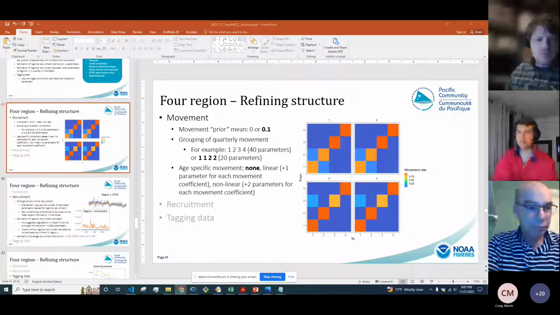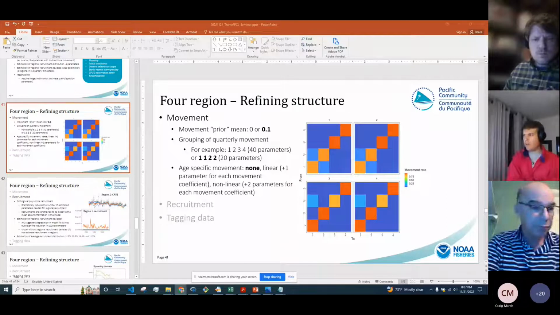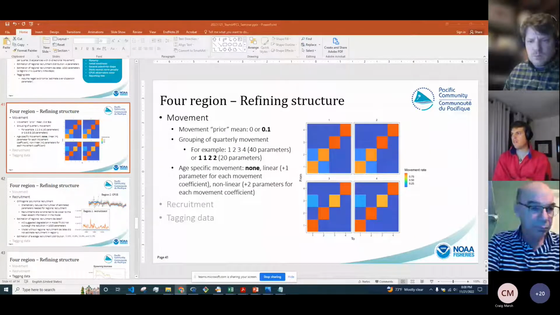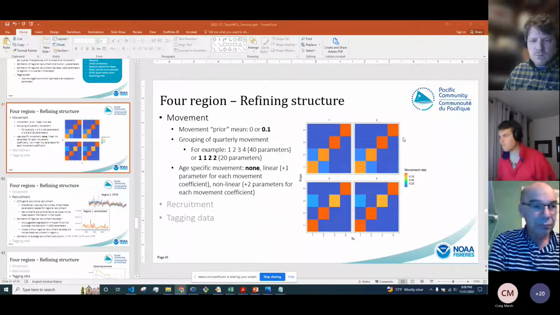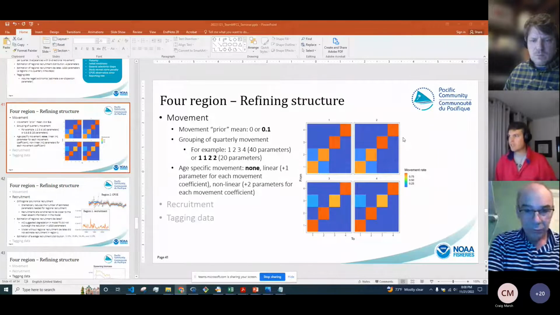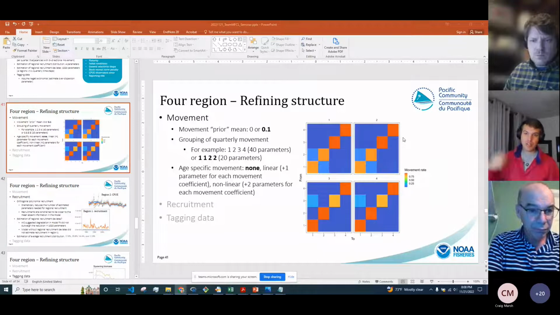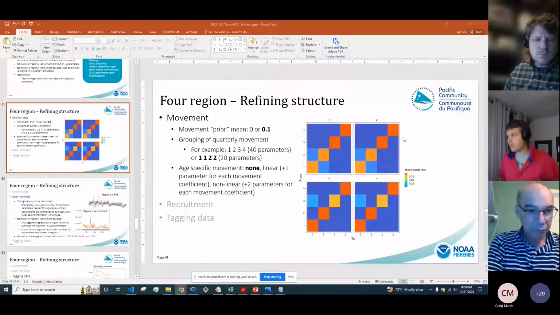Yeah, that's a great question, Dan. Thank you. So if you look at this movement matrix for one of the example models, there's a lot of internal self movement, fish not leaving the region. There's not a ton of connectivity between all of the different regions, and I suspect that's because the tags are released predominantly in one area.